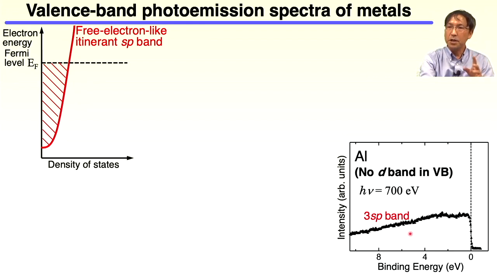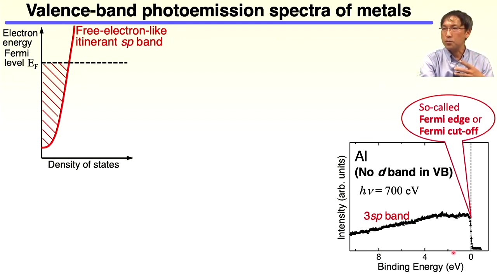The line shape is somewhat similar to what we expect for the density of states of a free-electron-like itinerant sp band. You can also see the so-called sudden drop in the intensity at the Fermi level. This is called the Fermi cutoff or Fermi edge, which indicates that this material is metallic.